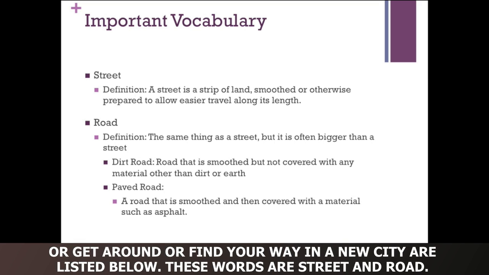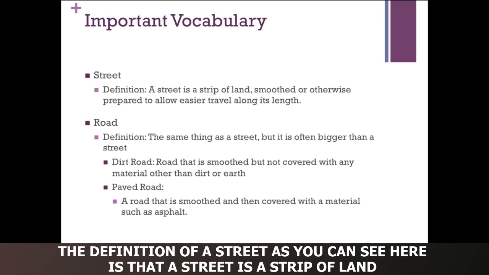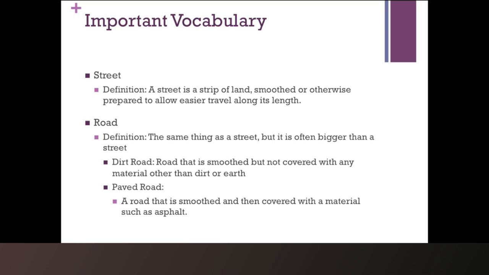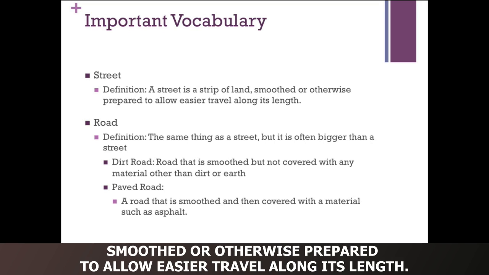These words are street and road. The definition of a street, as you can see here, is that a street is a strip of land smoothed or otherwise prepared to allow easier travel along its length.